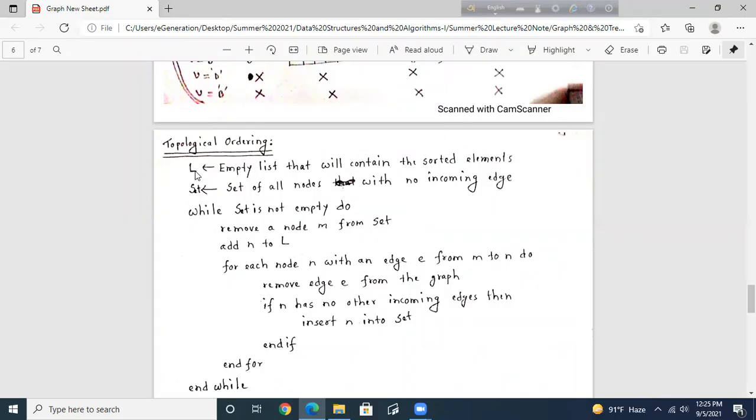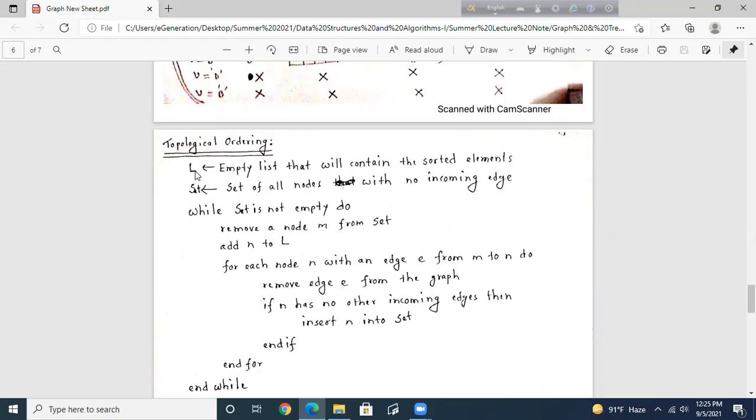L does not contain anything initially, but after completing the algorithm, L will contain the sorted order. So that is your topological order. That means L will contain the topological order.